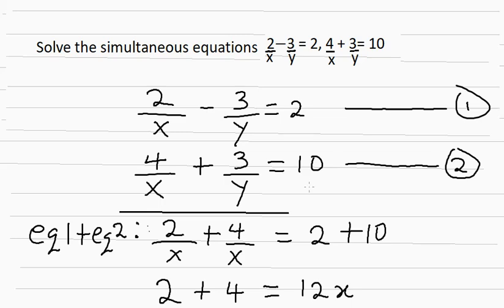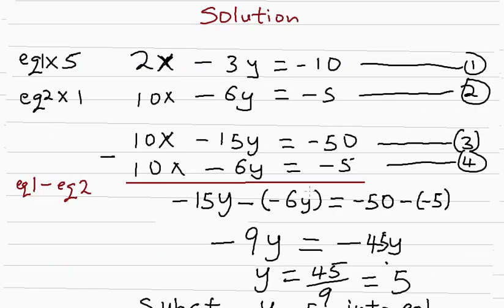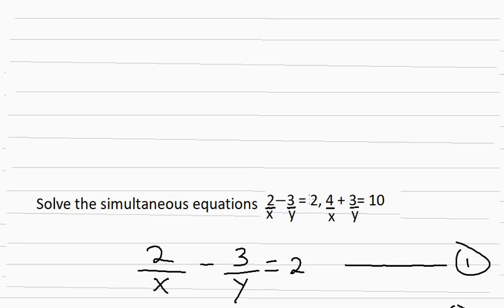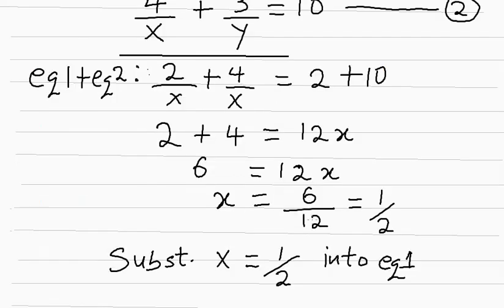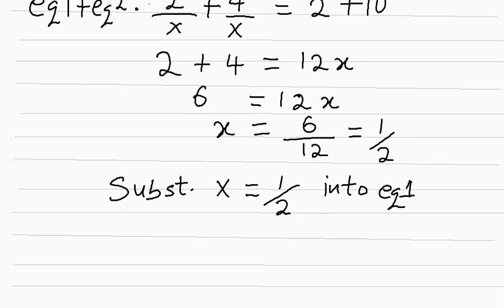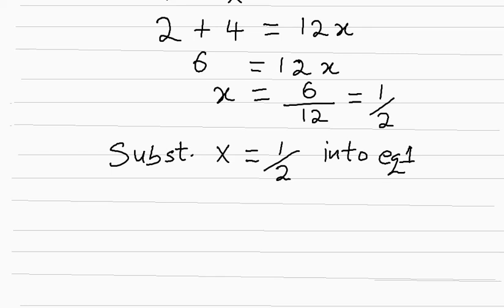In equation 1, I have 2 all over x, and the x we already have is 1 all over 2.